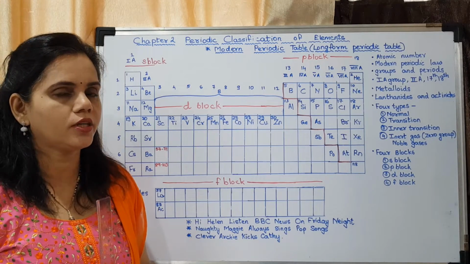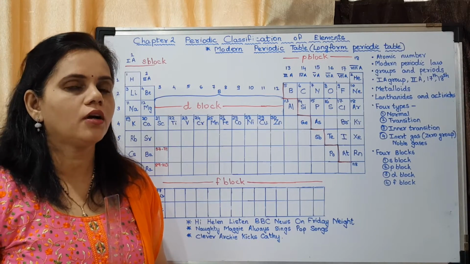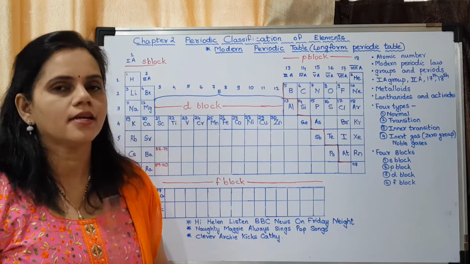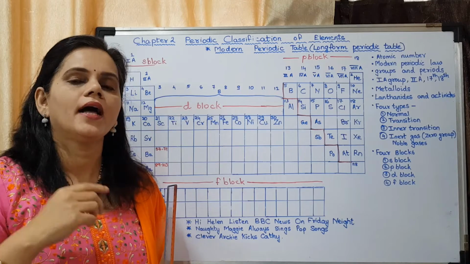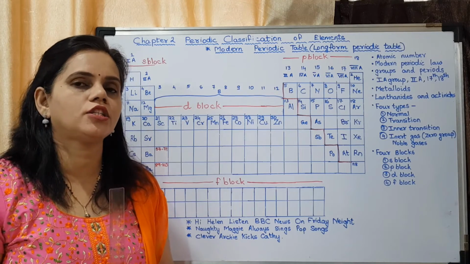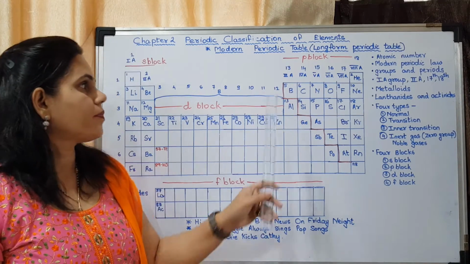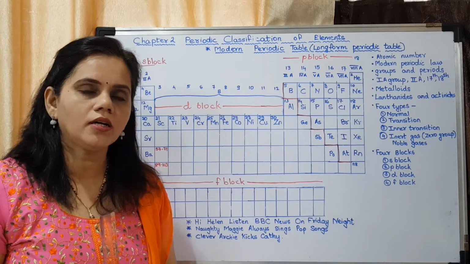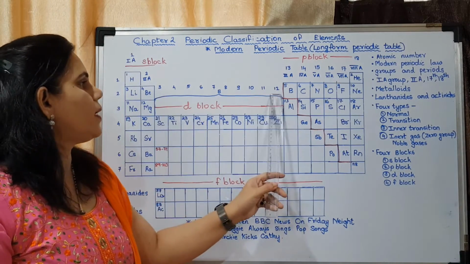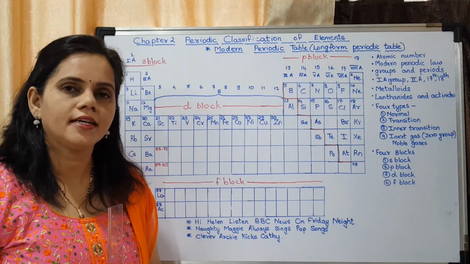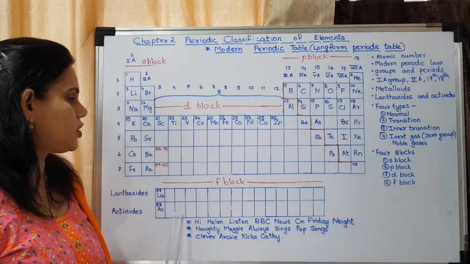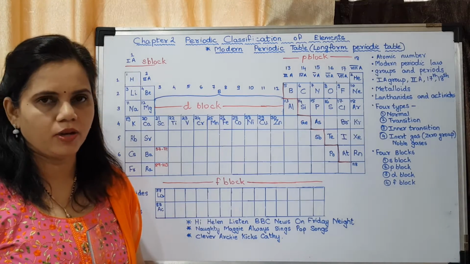Hope you have understood. The first group and second group constitute the S block. 13 to 18 constitutes the P block. 3 to 12 constitutes the D block. And lanthanides and actinides constitute the F block.